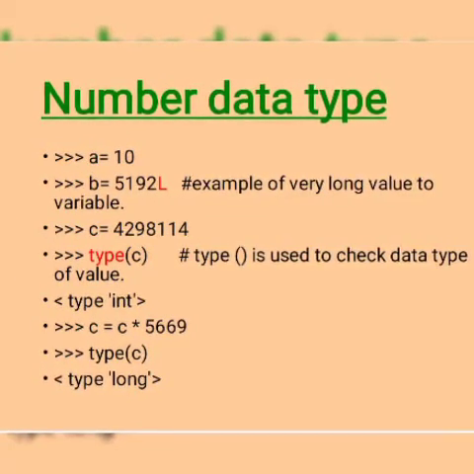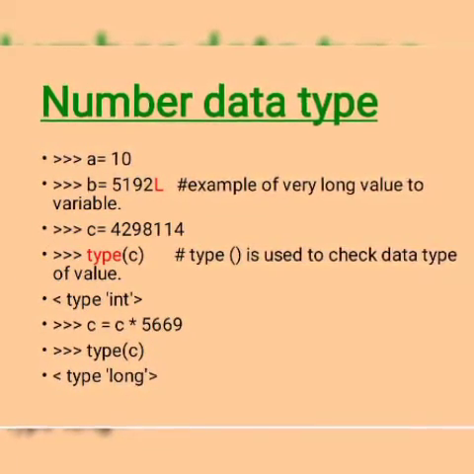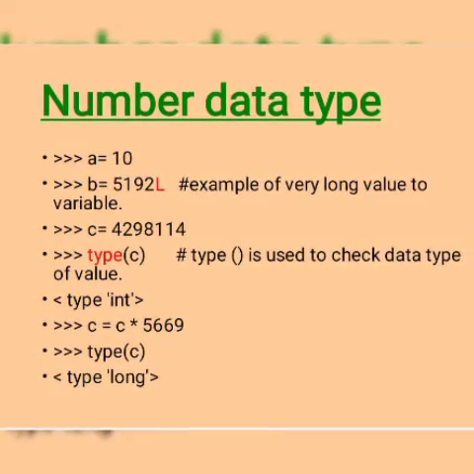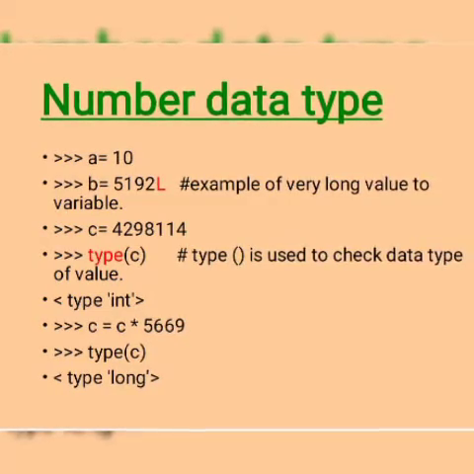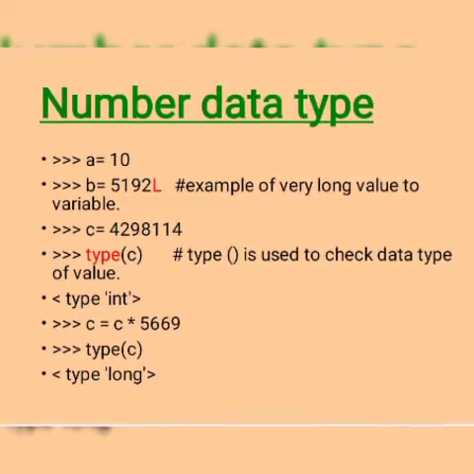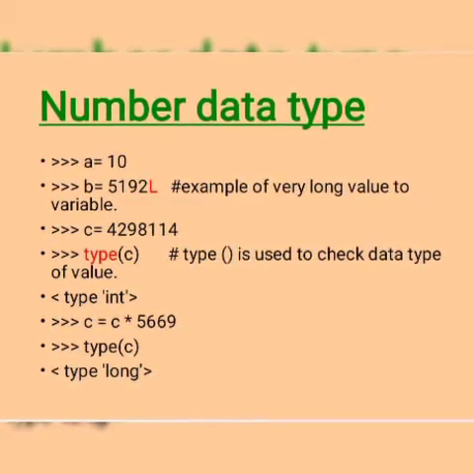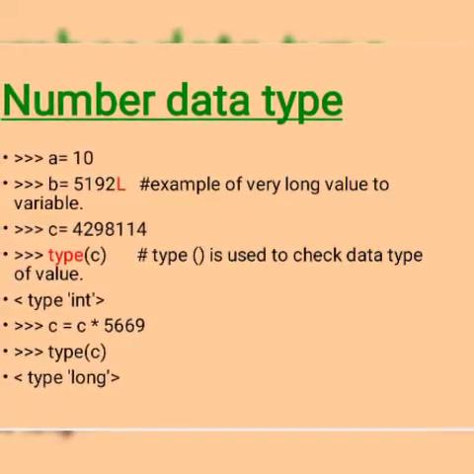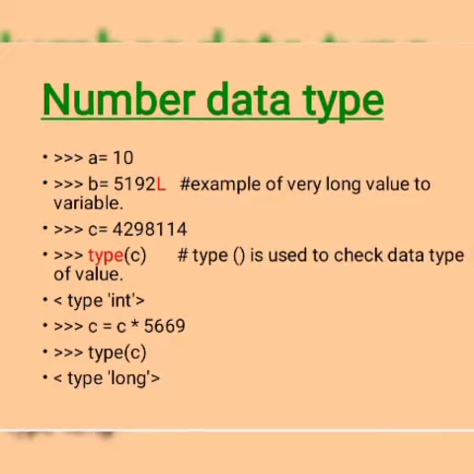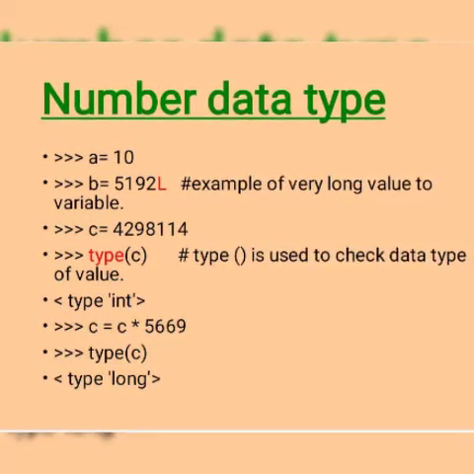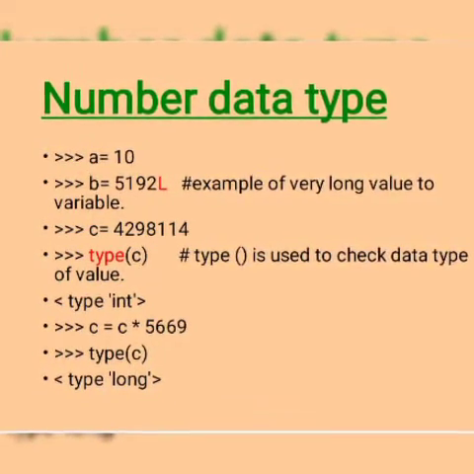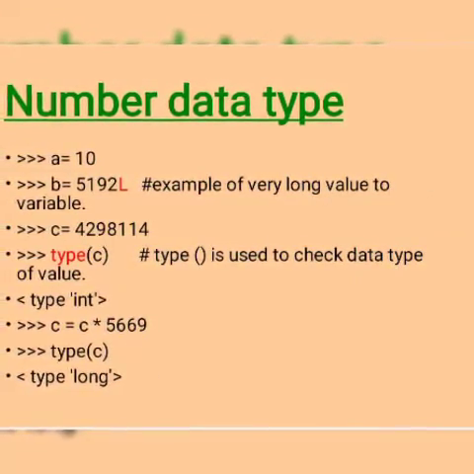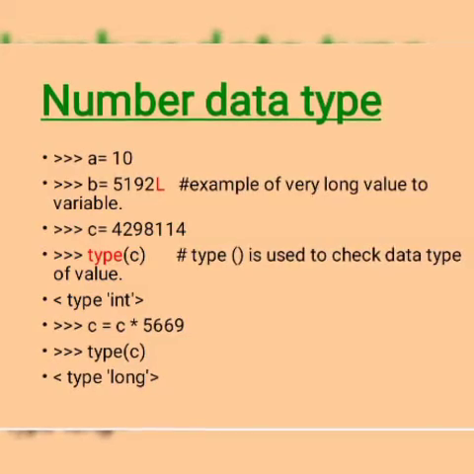When we open Python, there is always the welcome message of the Python interpreter, and there is always a Python prompt, that is three greater than signs. This is called the primary prompt, indicating that the interpreter is expecting a Python command. That means the interpreter is ready to get the command from the user.